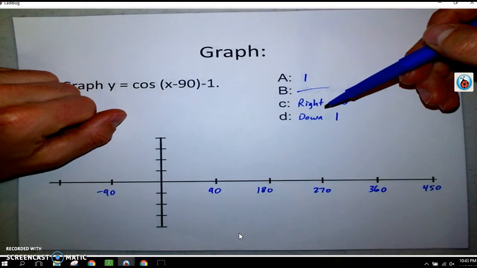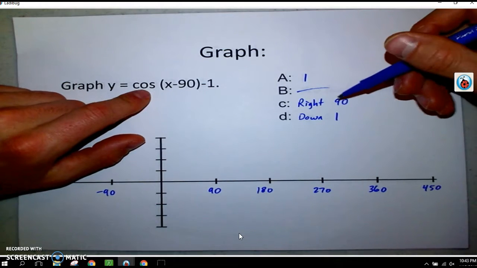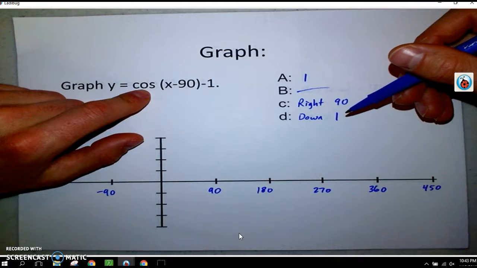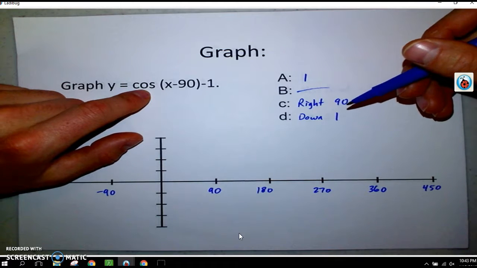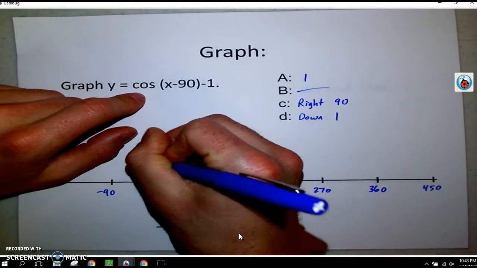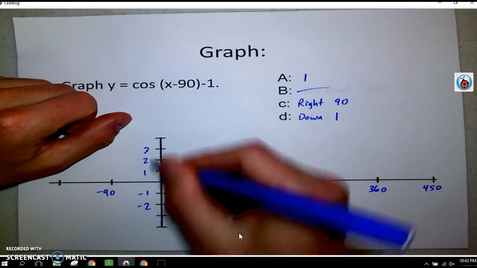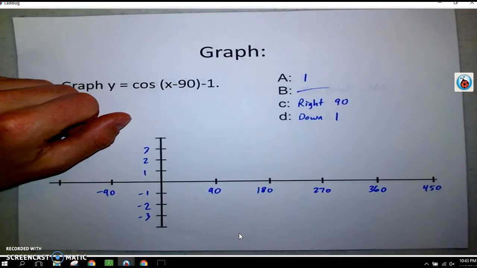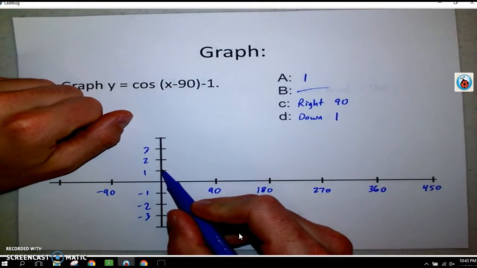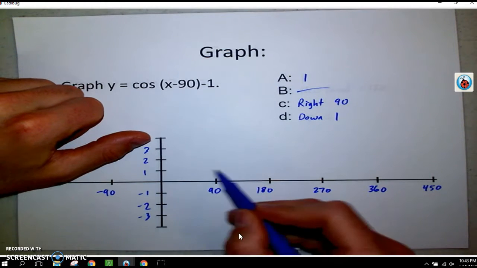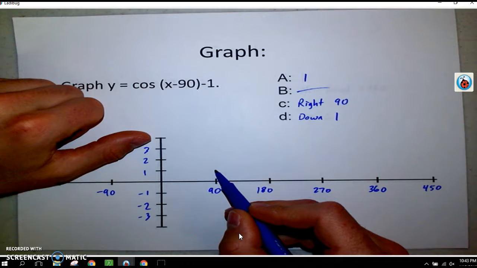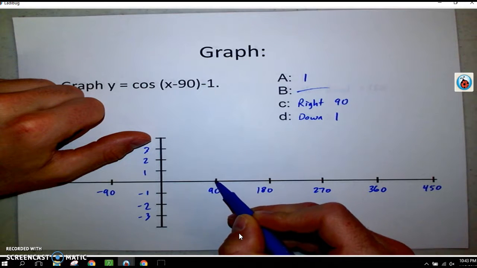But now I will have to shift my cosine function right 90 and also down 1. So let's do this. Let's go 1, 2, and then -1, -2. My initial point, if I were to start, would start at 0, 1 for cosine, but this time I need to start to the right 90 units, and then also I'm going to start down 1 unit.